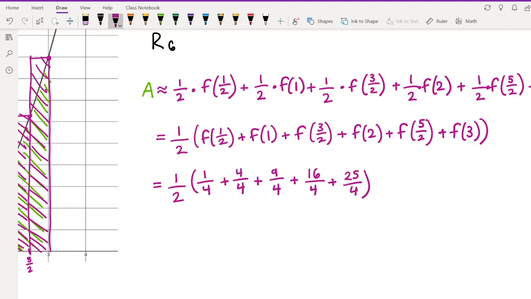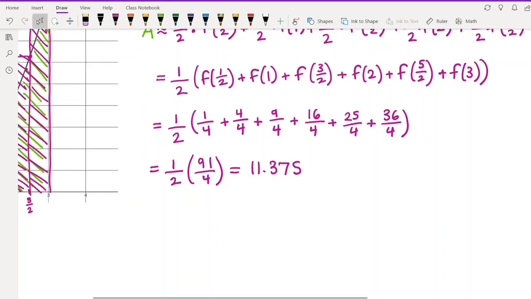And then we have one more, which is 3, so that's 9, which is 36/4. And so if you add all of these up, you get 1/2 times 91/4, which is equal to 11.375. And so from this, we can conclude that the green area is approximately equal to 11.375.